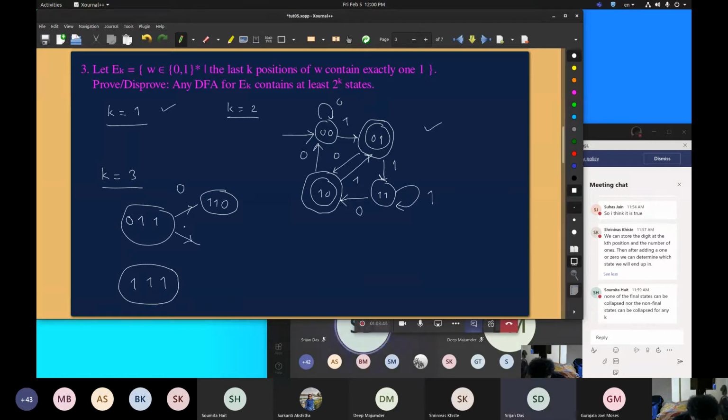If I read 1, I will go to 1, 1, 1. From the other state, if I read 0, I will go to 1, 1, 0, and if I read 1, I will go to 1, 1, 1. They are both non-final because the number of ones is larger than 1. And this state is the same as this state, and this state is the same as this state. So these two states must be equivalent.